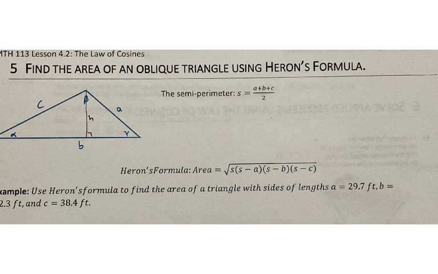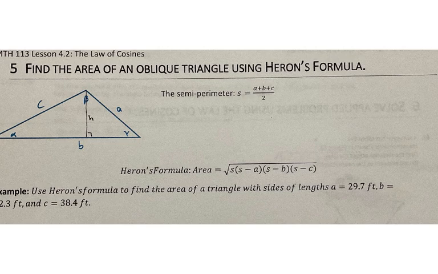So we start by finding the semi-perimeter. In Heron's formula, you'll see that you use S, S minus A, S minus B, S minus C. This S represents the semi-perimeter. You guys know what a semicircle is? So guess what the semi-perimeter is?